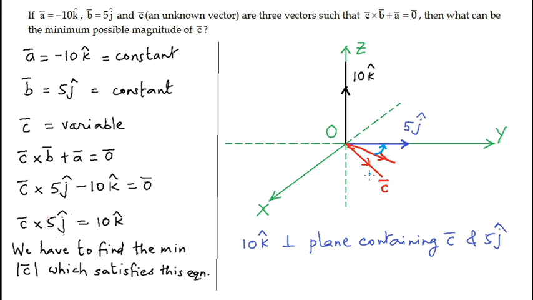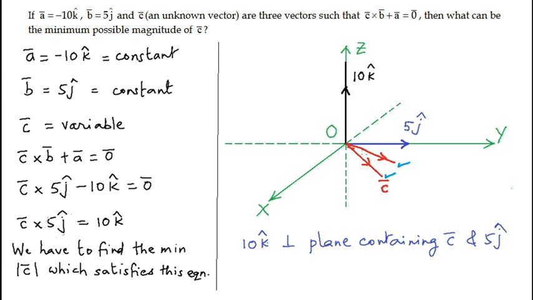So just as this direction is a possible direction for C bar, so also this direction is another possible direction of C bar. Let us remind ourselves once again that currently we are only talking about the possible directions of C bar, and we are not currently talking about C bar's magnitude.